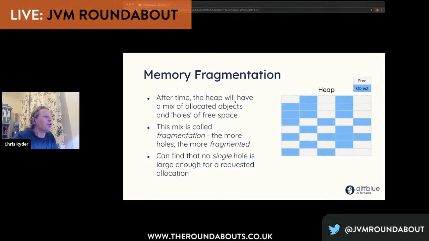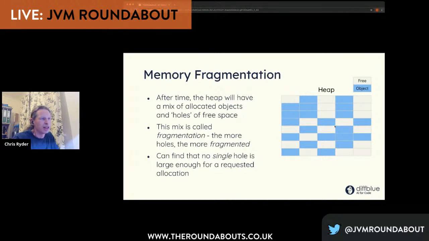So what do we mean by memory fragmentation? Imagine a heap like this, where the program's been running for some time and we've got a mixture of objects in the heap, in blue, and all the free space that we've collected in grey. After time, you'll find there are a lot of grey holes amongst your blue.